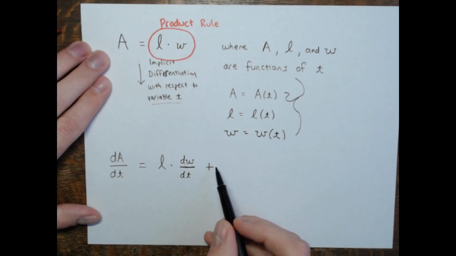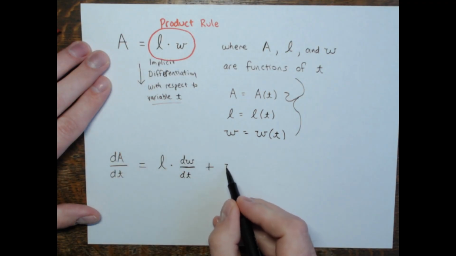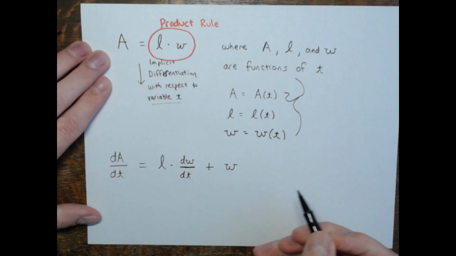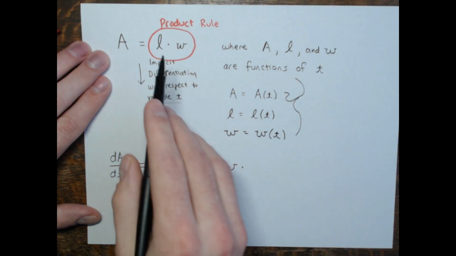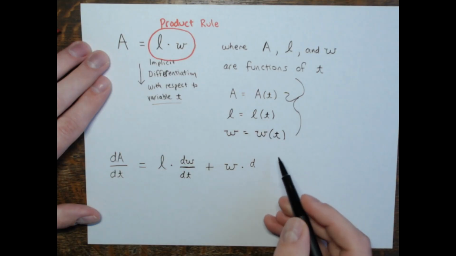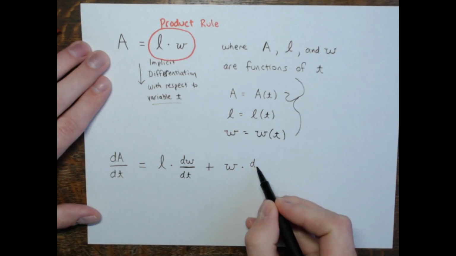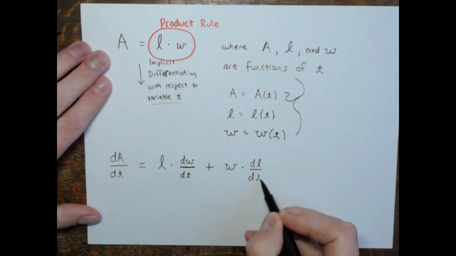Then plus, the other way around, where I leave the second factor the way it is, W, multiplied by the derivative of the first factor, which you could write as L prime of t or L prime, but I'm going to write it the way they have it, with dL over dt.